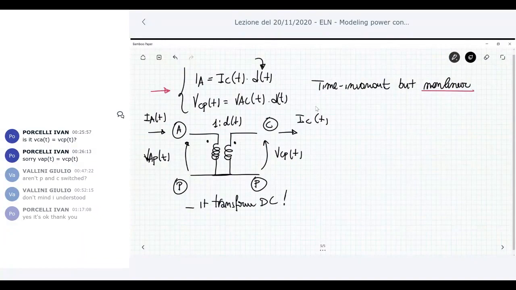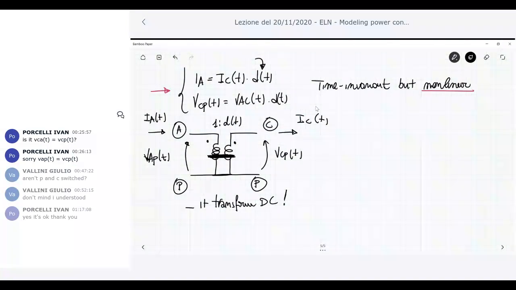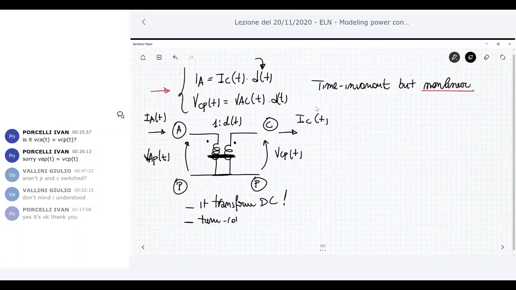So I put here a mark. And so sometimes in the literature you can find that this is overstressed by indicating it with this bar. This is a mathematical abstraction because this transformer is not something which you can build. Okay. The second fact that indicates that this is not a real transformer is that the turn ratio is variable. It's not fixed.